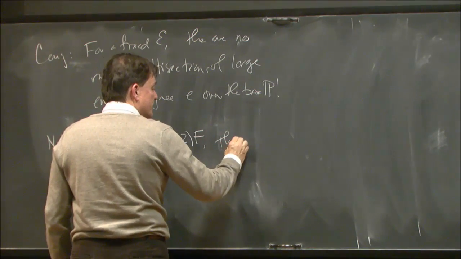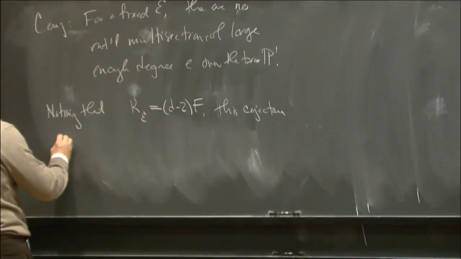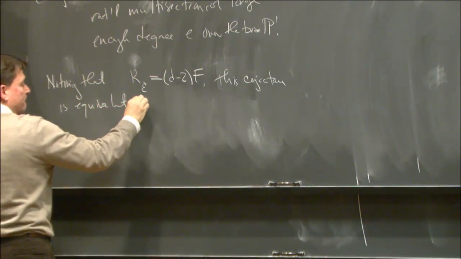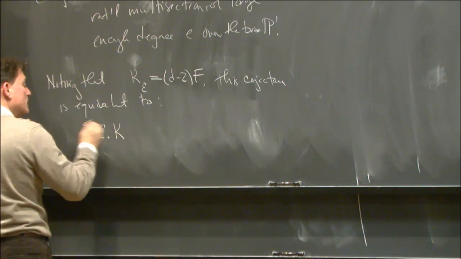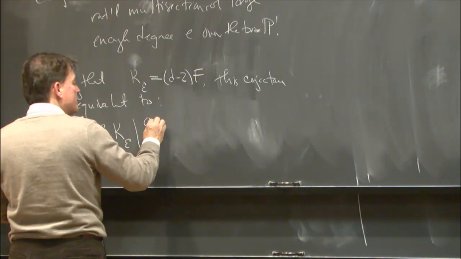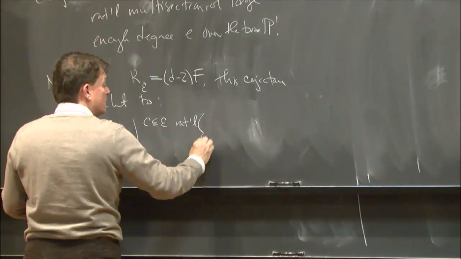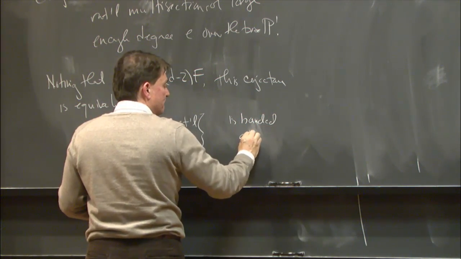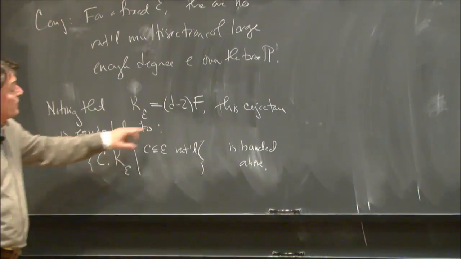This conjecture is equivalent to the statement that if you consider the collection of integers C intersection product with the canonical bundle, where C runs through rational curves inside E, then this set of integers is bounded above.